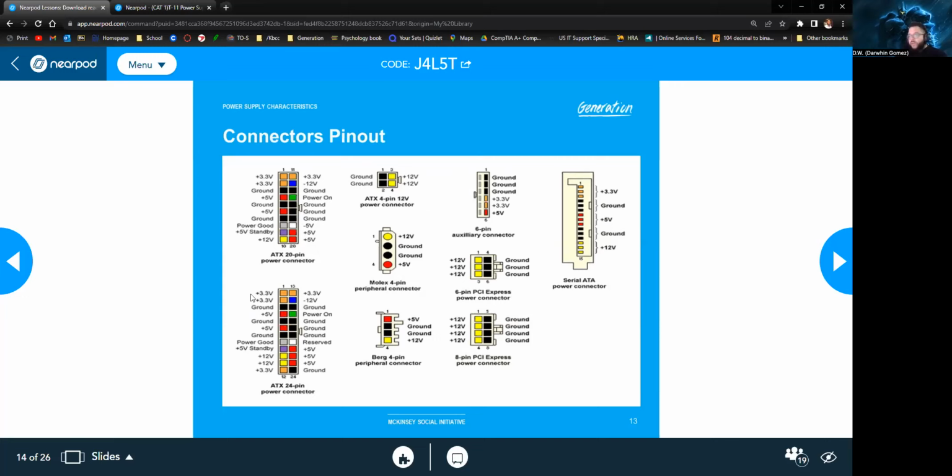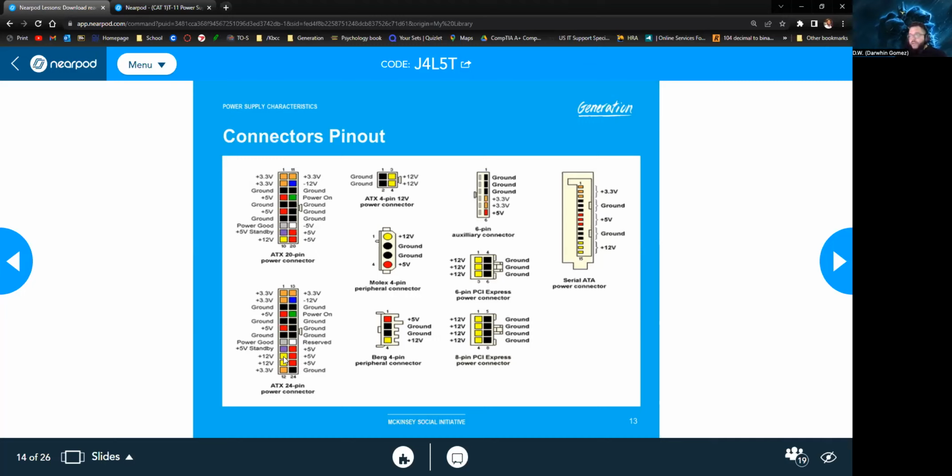All right. So here at the bottom we have an ATX 24 pin. Okay. So if you look at it, the first 20 pins are the same, right? If you look here at 1 through 10, and here at 1 through 10, it's the same, right?